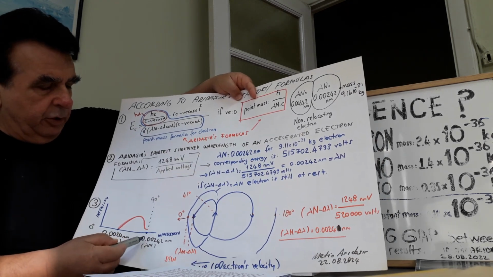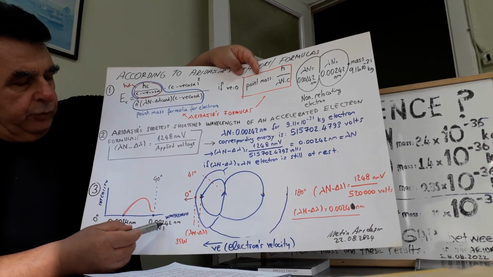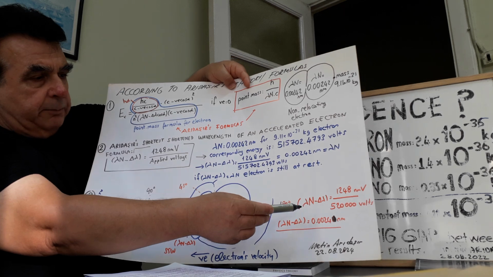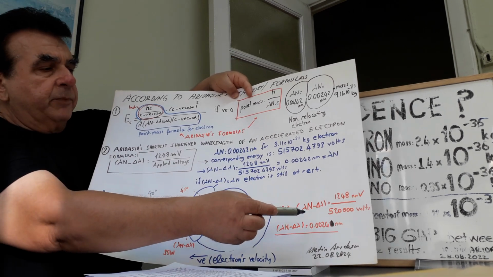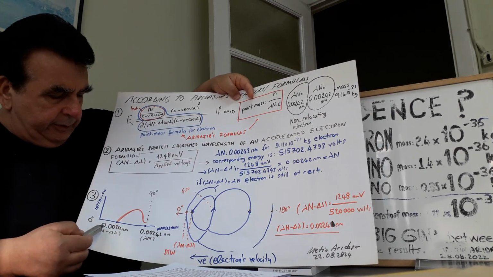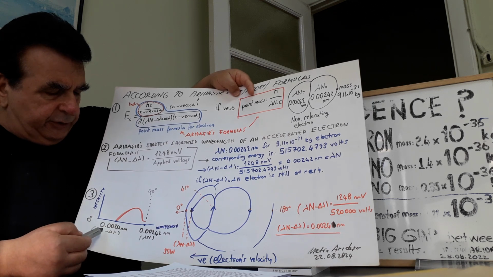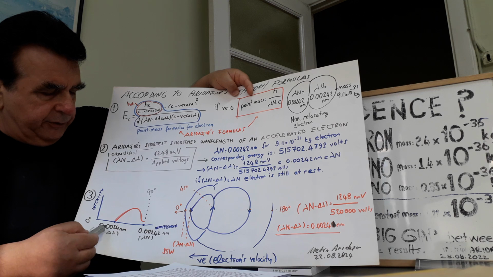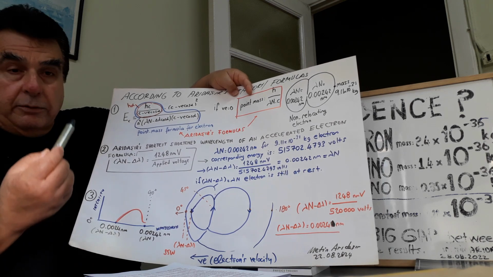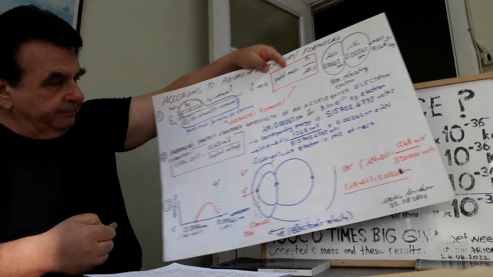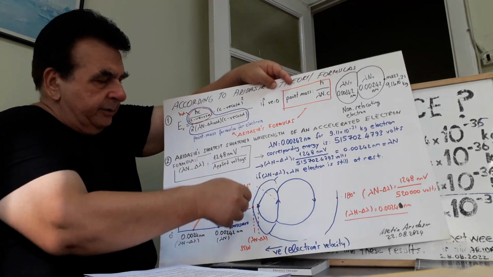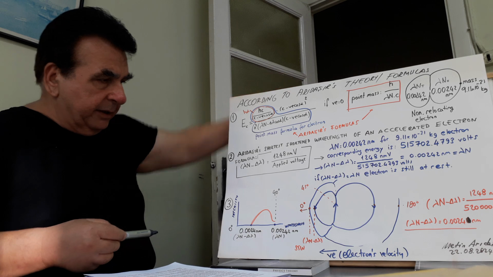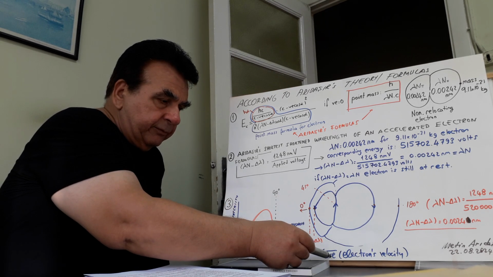Okay, 0.00242 is lambda normal. Now when we apply 520,000 volts, its shortest shortened wavelength, lambda normal minus delta lambda, will be 0.0024 nanometer. Okay, this is our electron. In the 0 degree direction, this is its shortest shortened wavelength. Electron motion forms velocity.